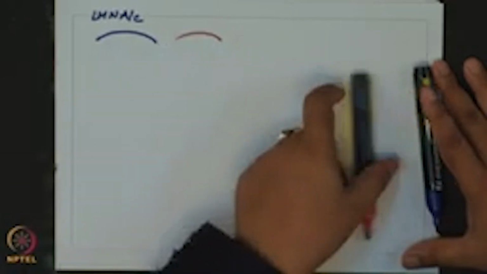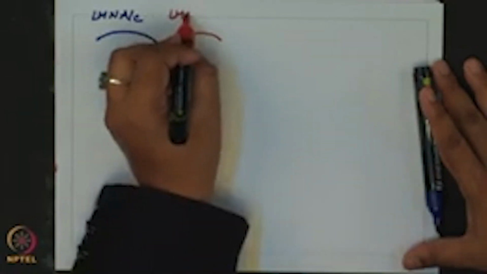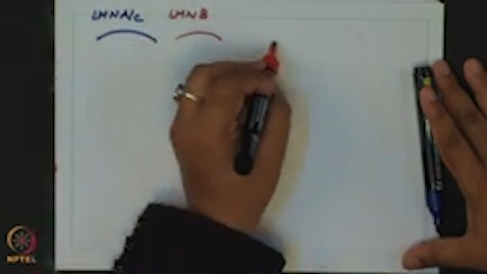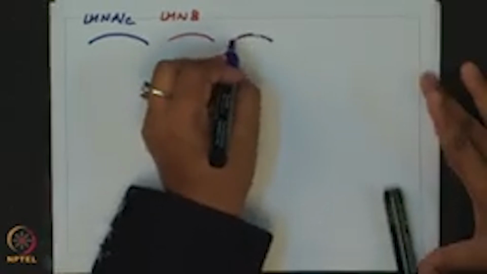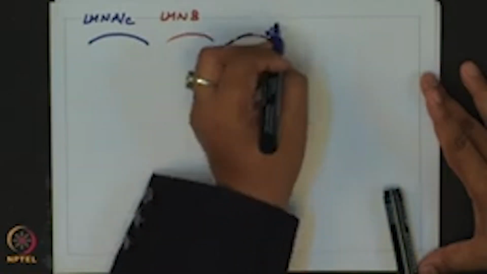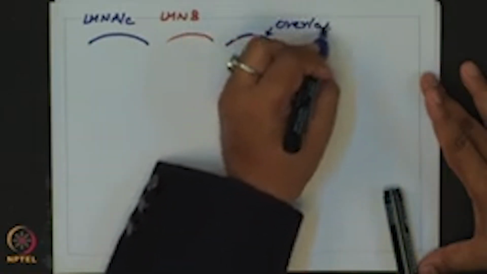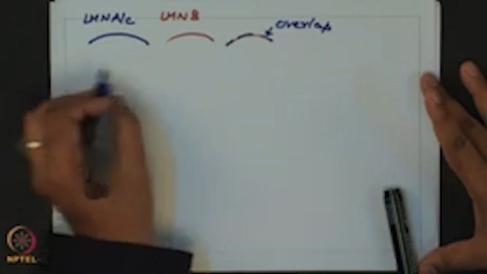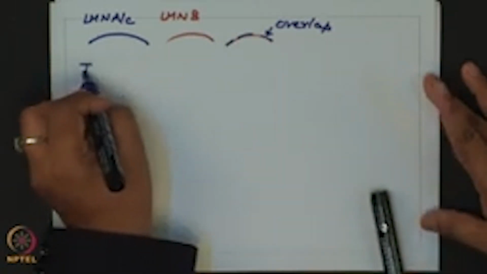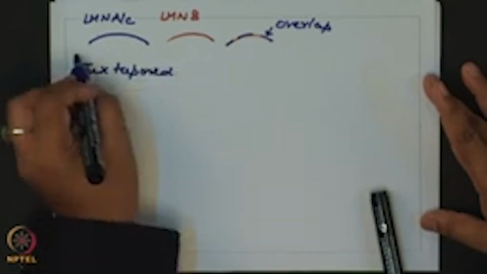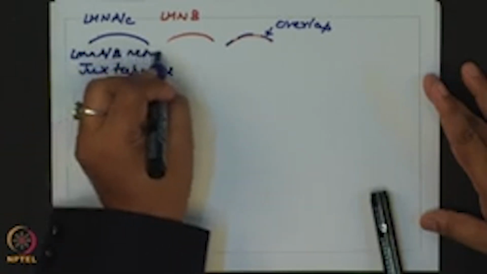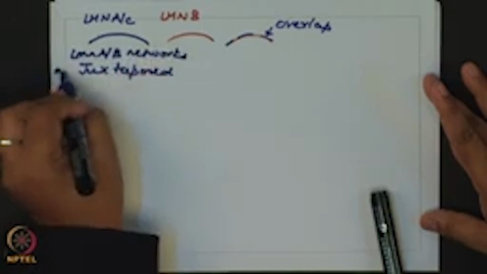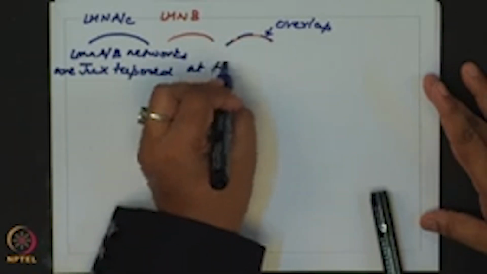If you co-localize them, there are segments in which they overlap completely, suggesting that these two networks are juxtaposed. So, Lamin A/B networks are juxtaposed at the nuclear membrane.